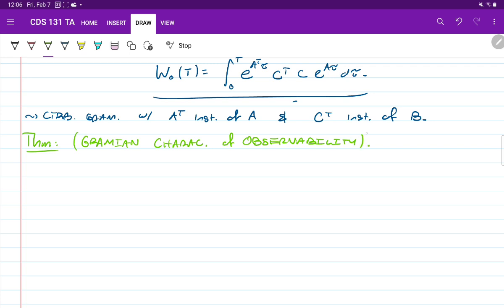The following are equivalent for an LTI representation A, B, C, D, again a continuous time system.